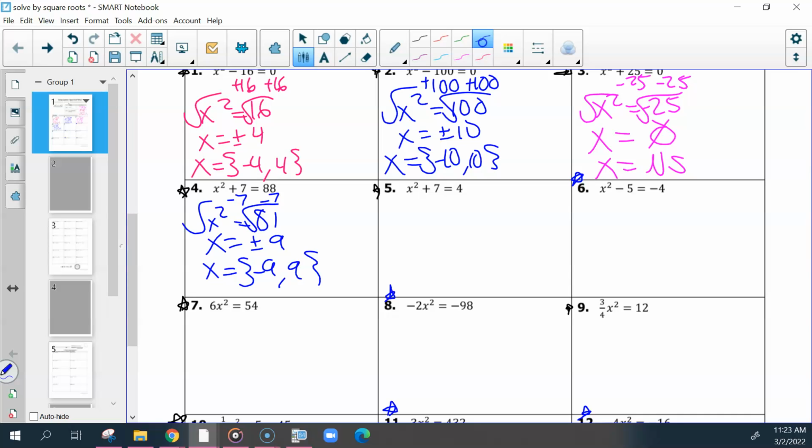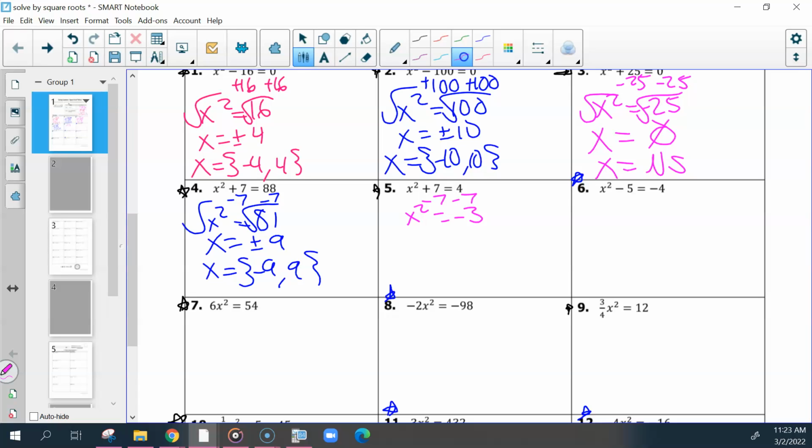Okay, we're going to skip to 6. We're going to do 5. We're skipping 6. Here we're going to subtract 7 on both sides. What happens when we do that? It becomes a negative, which means what about our solution?